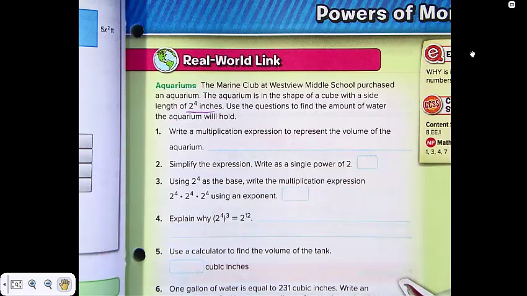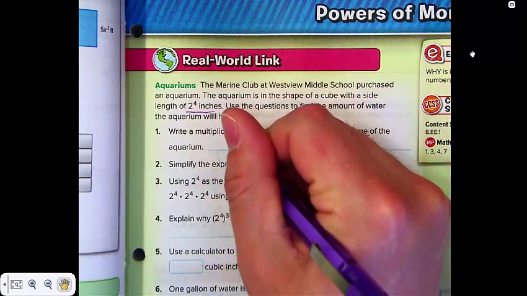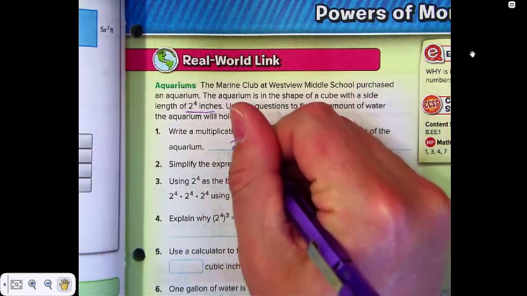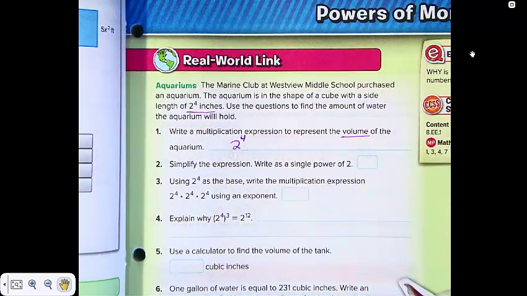So it says number 1, write a multiplication expression to represent the volume of the aquarium. Well, we know it's a cube, and we know we're finding volume. So we know the length is 2 to the 4th power. Well, what do we know about a cube? What do we know about the sides? A cube is basically just a 3D square, a 3-dimensional square, and in a square all the sides are the same.